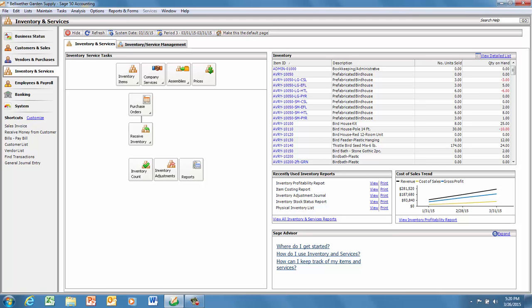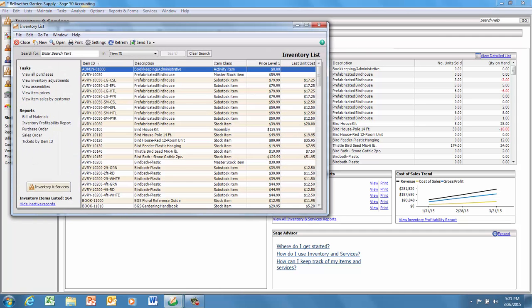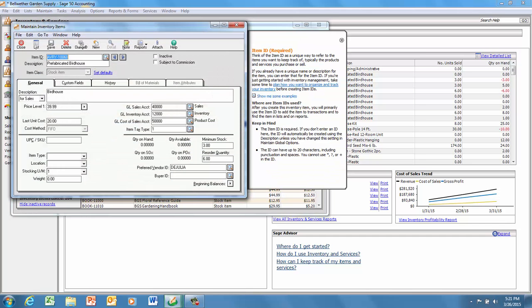Okay, so once you set up your company and you've set up your defaults, you have set up your inventory items. This is the inventory item that we set up in the previous YouTube.